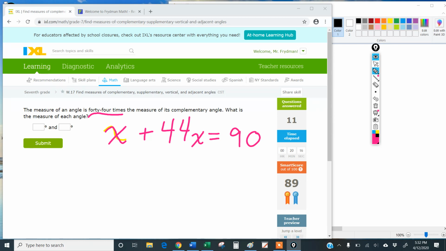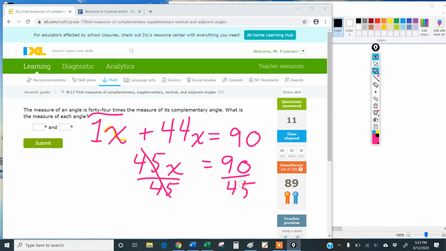So now I just have to solve this equation for x. So x is the same as 1x, so I'll put a 1 there. So I get 1x plus 44x is 45x equals 90. And then divide both sides by 45 to get rid of this over here. And we have x equals 90 divided by 45 is 2.